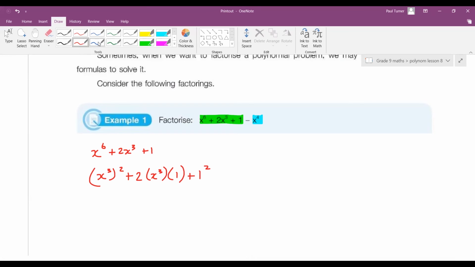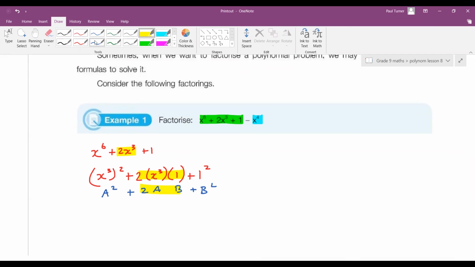Do you recognize that? Maybe not, but that's why it takes practice. So you've got a^2 plus 2ab plus b^2. And we check these are the same, 2ab. We check this 2ab part and it looks okay. 2 times x^3 times 1^2, and 2 3s are 6.